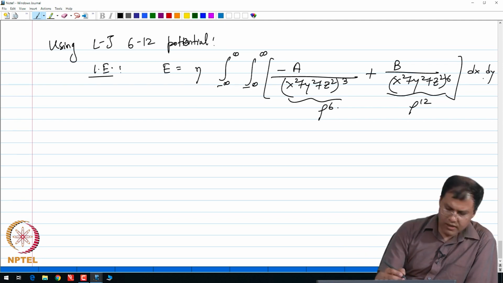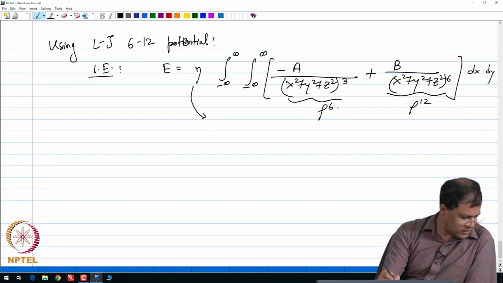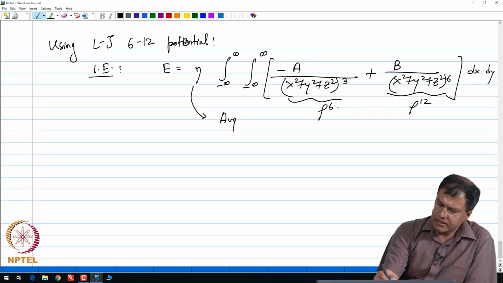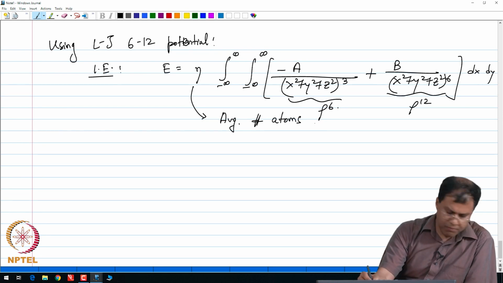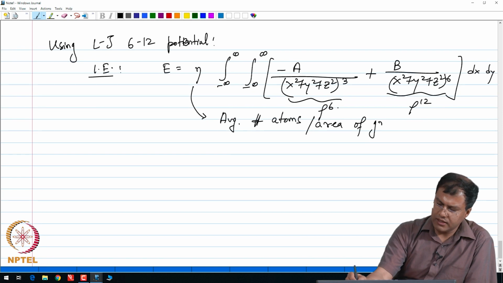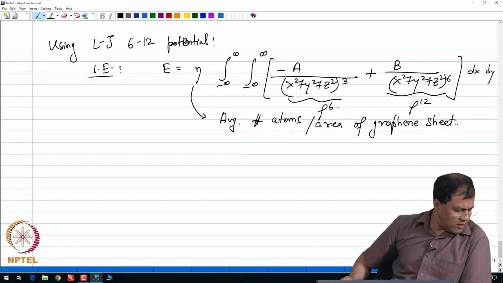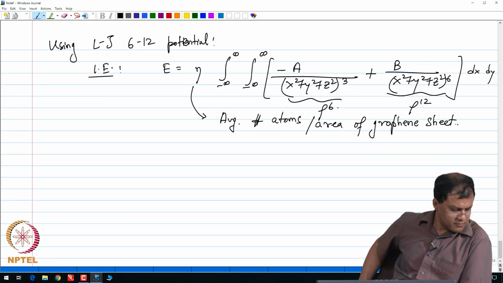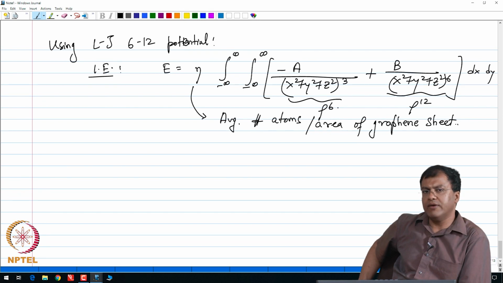Note that eta here, the constant sitting outside, is the average number of atoms per unit area of the graphene sheet. So, we are calculating the average interaction energy. Now, all I have to do is evaluate this double integral.